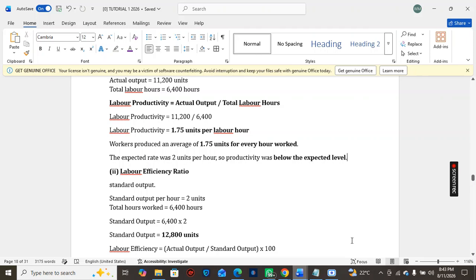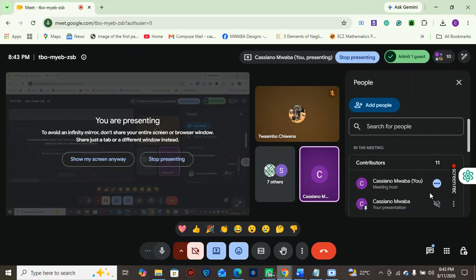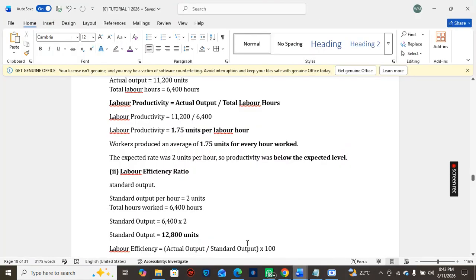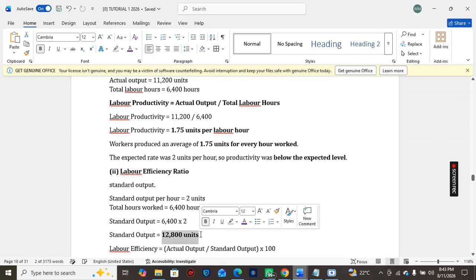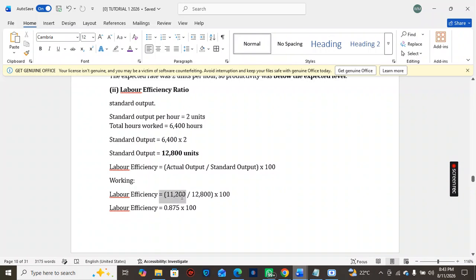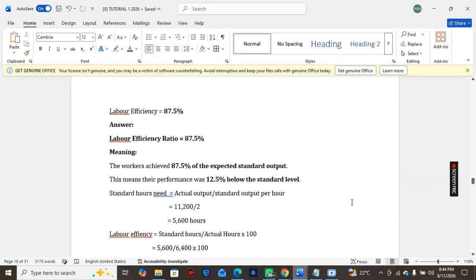Yes. Labor efficiency ratio. In terms of output, we were supposed to produce 12,800, but we only produced 11,200 units. Were we being efficient? Or in terms of hours, we were supposed to take 5,600 hours, but we took 6,400 hours.